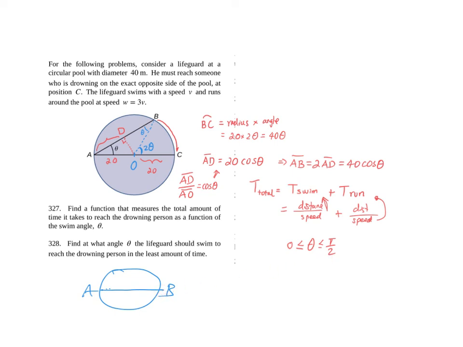And then when theta is pi over 2, this is pi over 2, that means the lifeguard just runs along the circle to the other side of the pool. So one extreme is only swim, and the other one is just run.